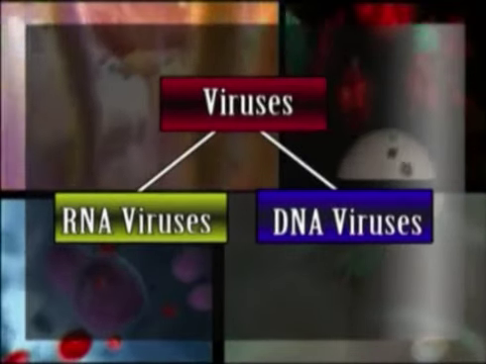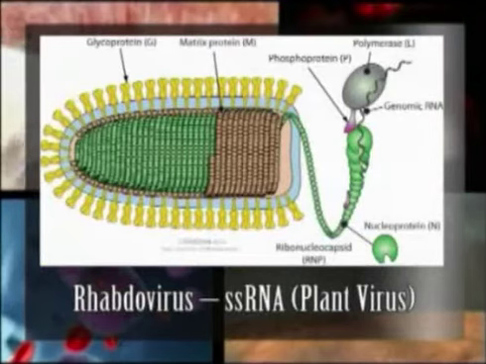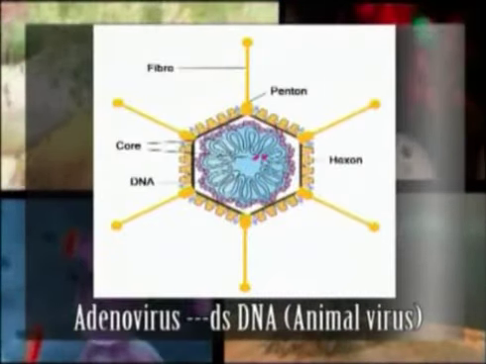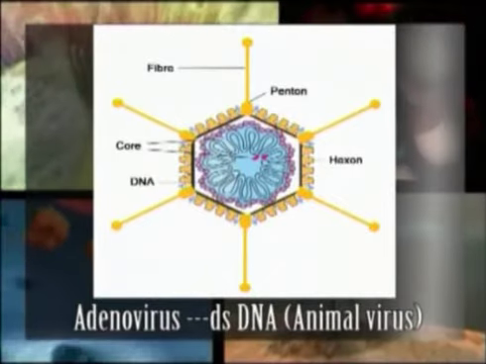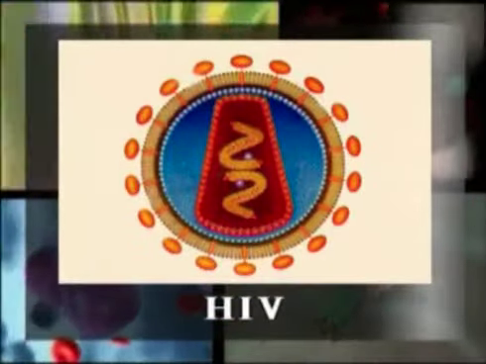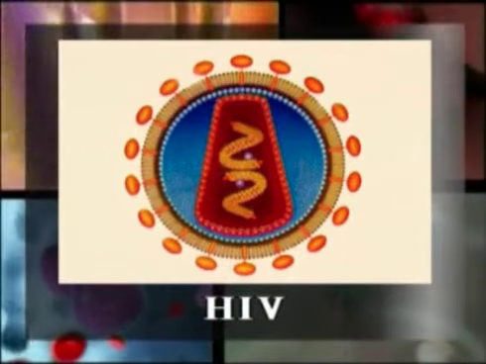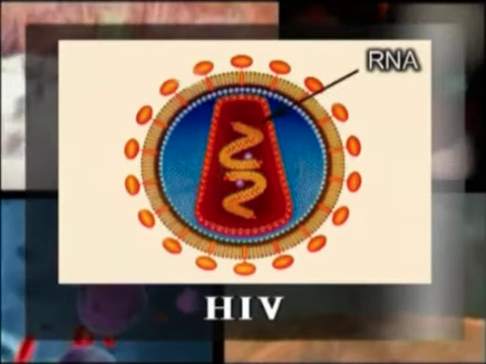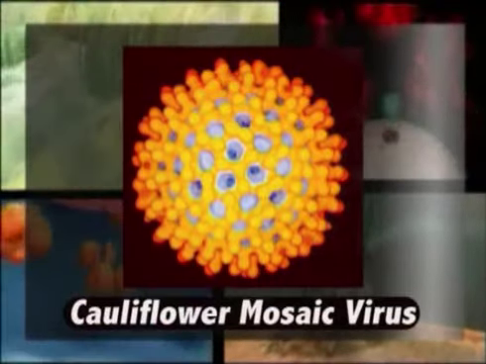Plant viruses usually contain RNA and animal viruses possess DNA, with a few exceptions. For example, HIV, or human immunodeficiency virus, being an animal virus, possesses RNA, while cauliflower mosaic virus, being a plant virus, contains DNA.